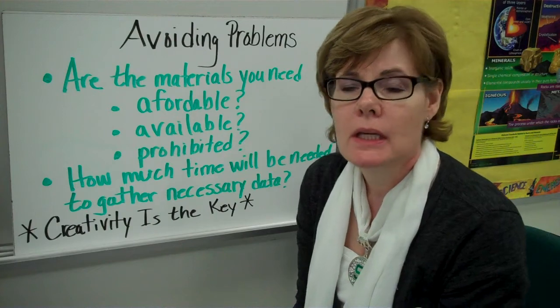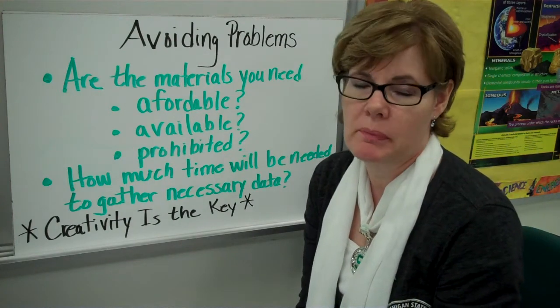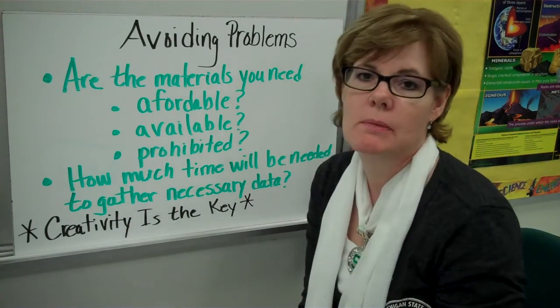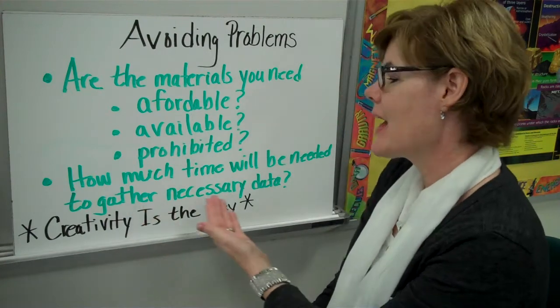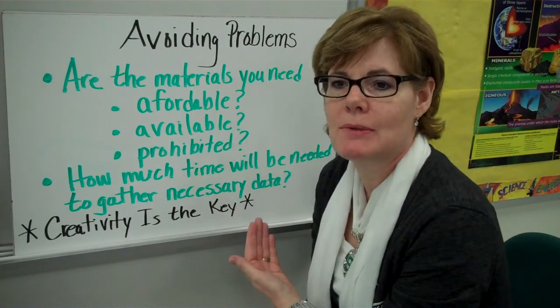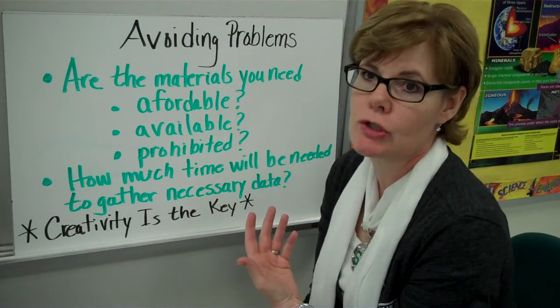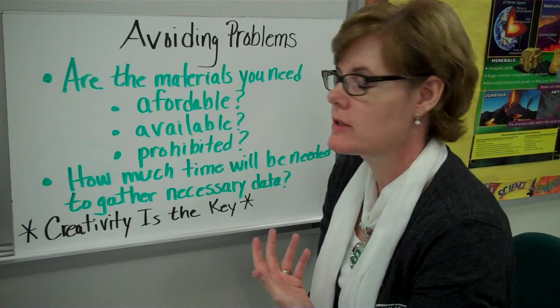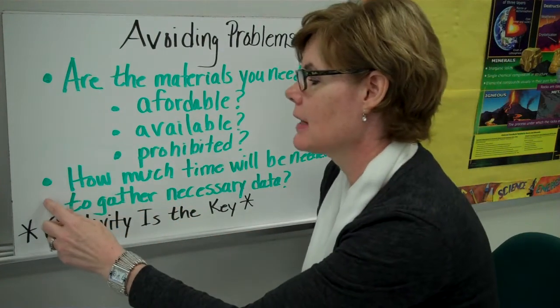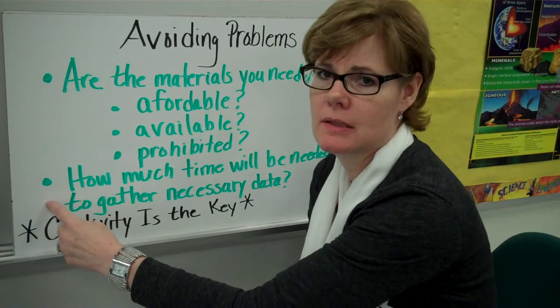If you are working with a plant that grows 2 centimeters a month, that's going to be too long. You're not going to be able to get enough data to have a really good conclusion to your research question. So think about that. You don't want to spend months and months on this project.